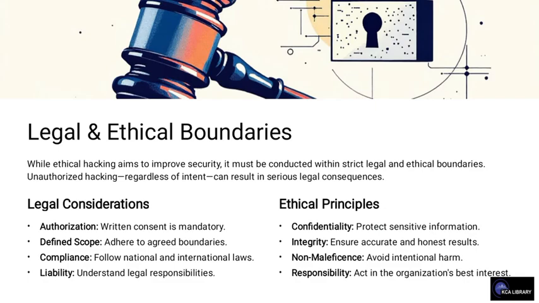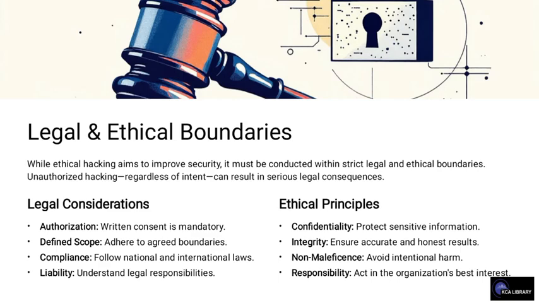Let's look at the legal and ethical boundaries. While ethical hacking aims to improve security, it must be conducted within strict legal and ethical boundaries. Unauthorized hacking, regardless of intent, can result in serious legal consequences.